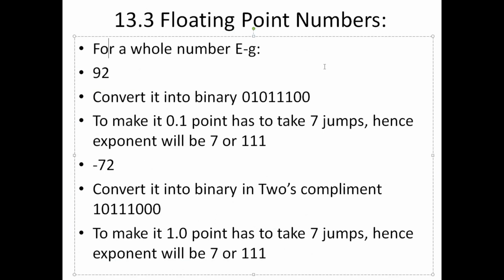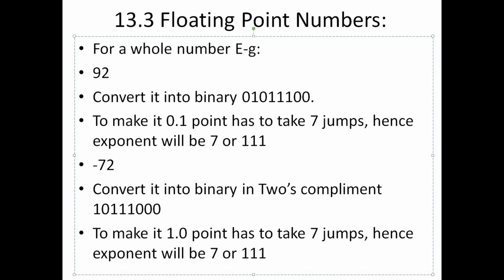For example, if you have a whole number 92, you can simply convert it into binary. Now this number does not have a point, or this is not a fractional number. If you convert positive 92 into binary, it will become this. As you know, if a number is a whole number, we consider the point to be at the end.